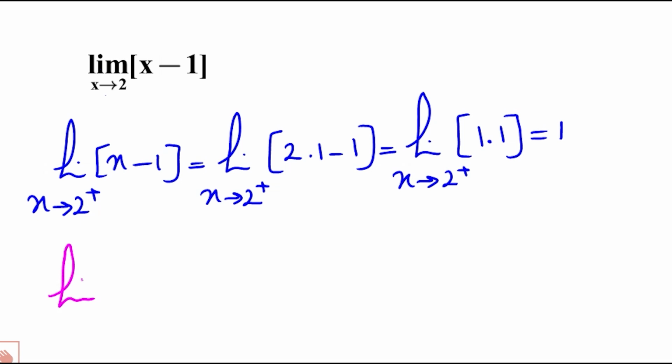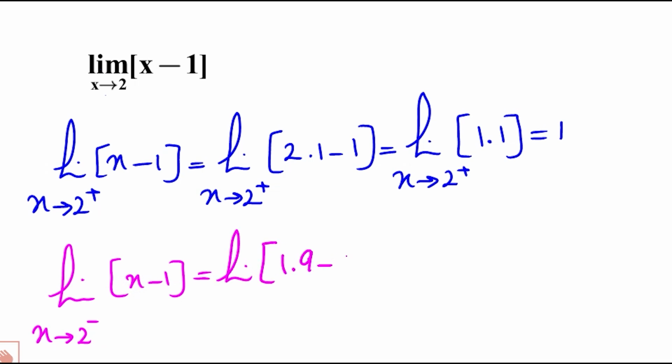And the limit of the floor of x minus 1 as x approaches 2 from the left: if x is slightly less than 2, for example 1.9, then 1.9 minus 1 is equal to 0.9, and the floor of 0.9 is equal to 0.